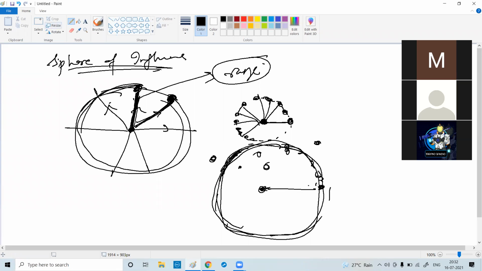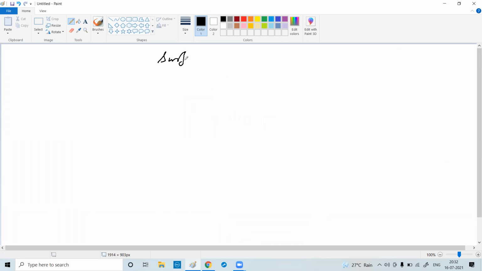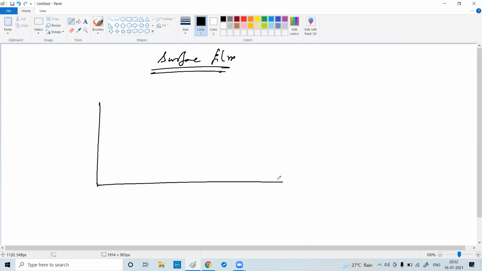What is surface film? Guys, very, very important definitions. Please understand. If you don't understand, ask me. There is a diagram given in your book. There is a liquid.